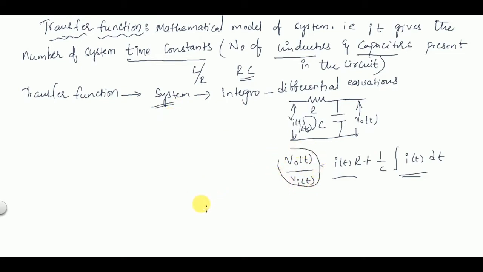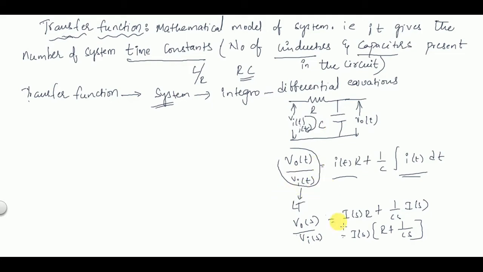The output by input is called the transfer function. If you take the Laplace transform here, V naught of s by Vi of s becomes I of s into R plus 1 by Cs into I of s. I of s is common, so you get the expression with 1 plus RCs.